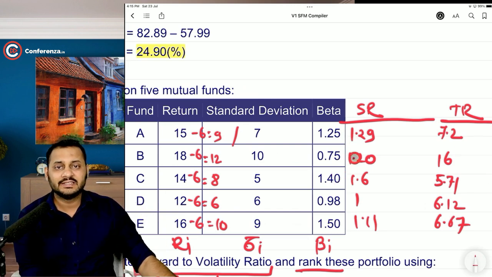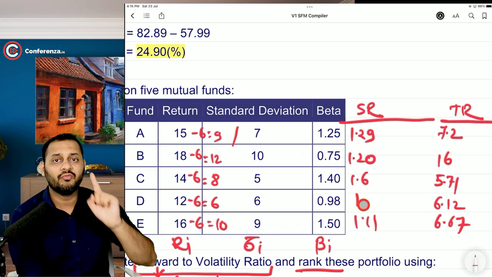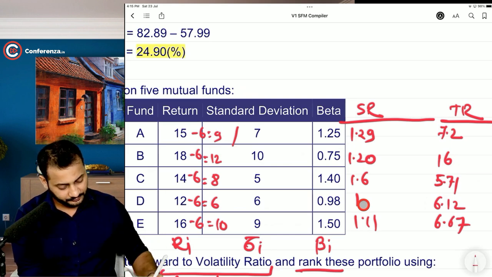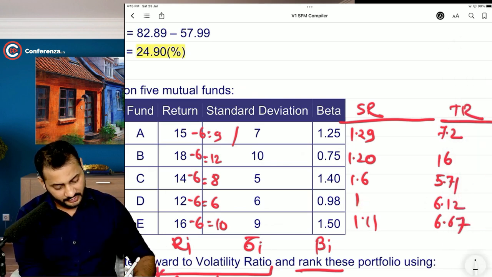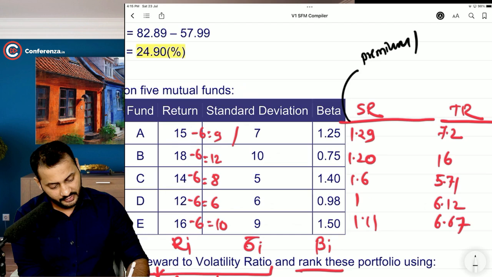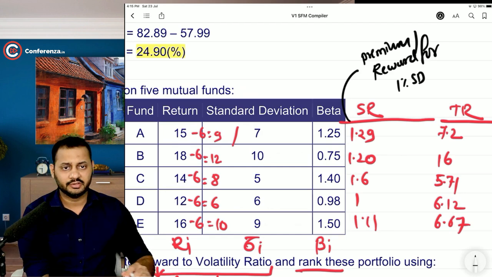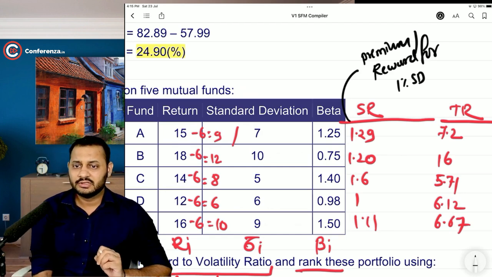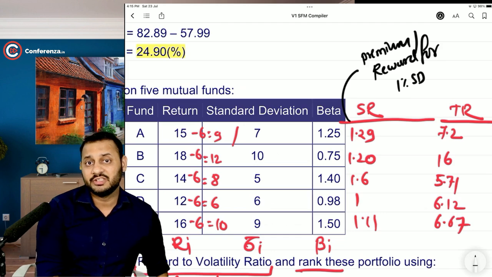So all these are the premium, or reward, for 1% standard deviation.